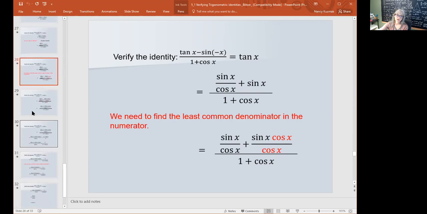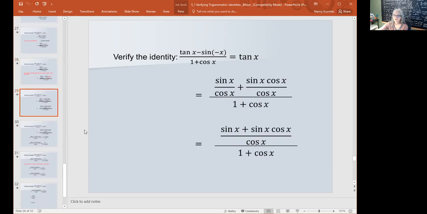I don't know. Might get me further. Let's try a little bit more. So then I would have sine x plus sine x cosine x. Oh, you know what's kind of interesting here? Even though I have my complex fraction here, look what happens if I pull out a sine x. I'm going to get my 1 plus cosine x. And then look, I see a tangent value in there.